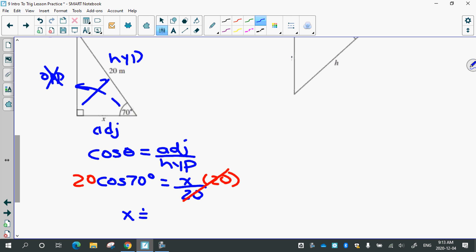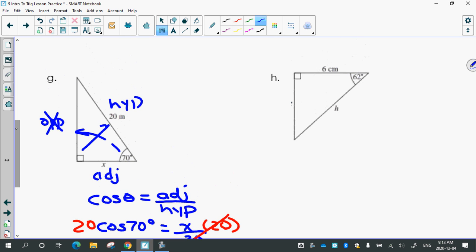Six point eight. 6.8 meters. And then opposite, hypotenuse, adjacent.